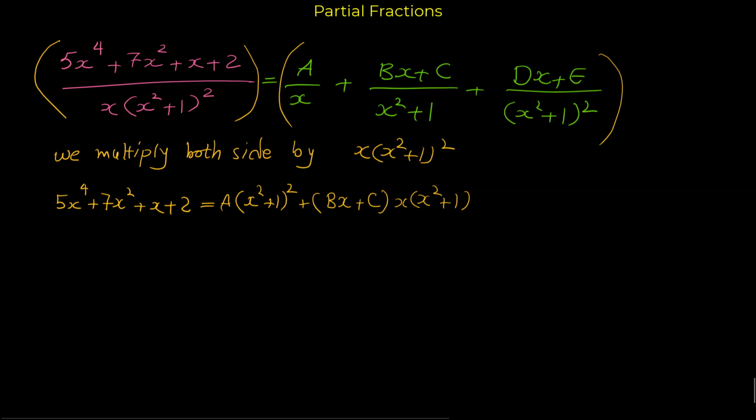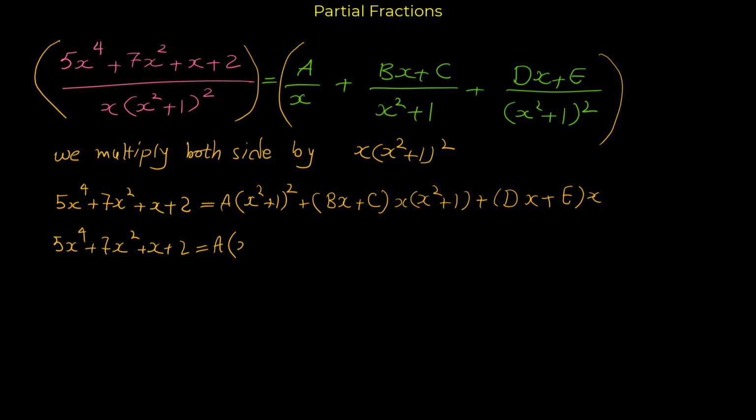So we have (dx + e) times x. Let's expand the right side. We keep the left side, 5x^4 + 7x^2 + x + 2. In the right side we have a times (x^4 + 2x^2 + 1).